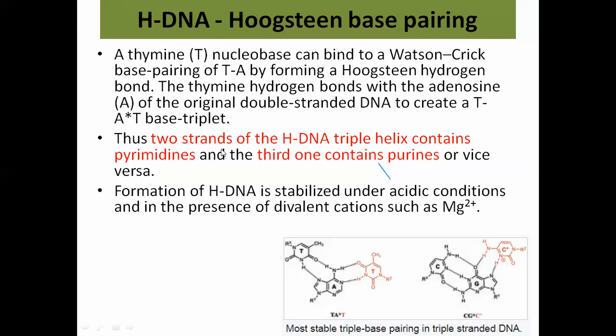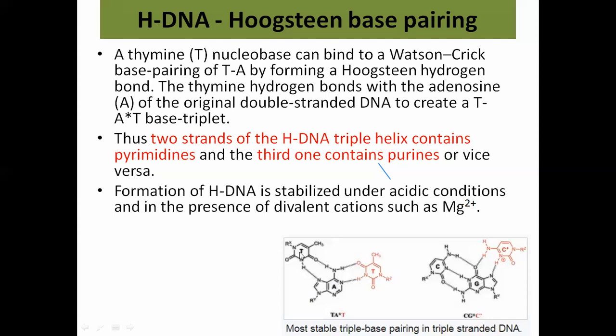So please note that in triplex DNA there are 3 strands. Of this, 2 strands contain pyrimidine and the third one contains purine, or vice versa. That means 2 pyrimidine and 1 purine, or 2 purines and 1 pyrimidine.